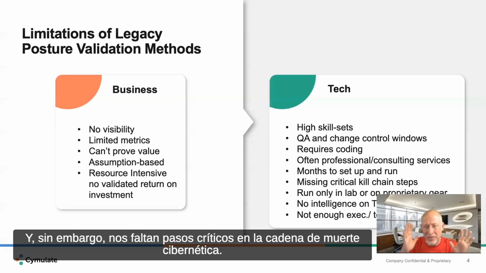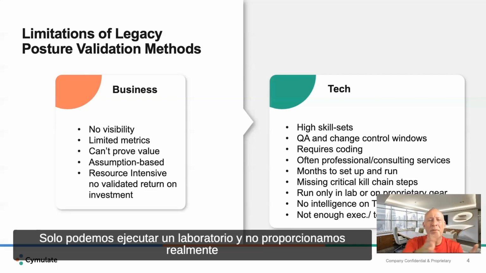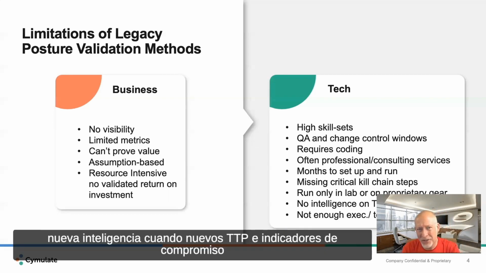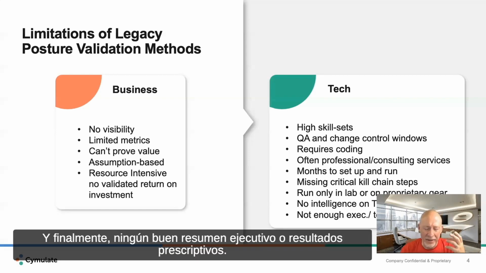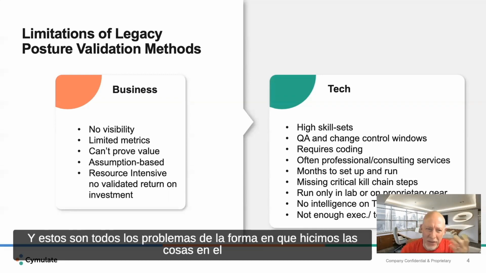And yet we're missing critical steps in the cyber kill chain. They would only be able to be run in a lab and provided no new intelligence when new TTPs and indicators of compromise came out. And finally, no good executive summary nor prescriptive results. And these are all the problems of the ways we did things in the past.